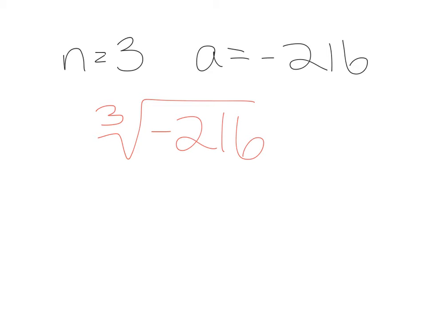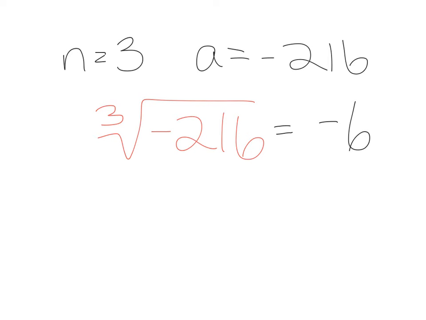Based on the chart I wrote in my notes, this is an odd index and a negative a value. If it's odd with a negative on the inside, then you're going to have one real root. You would either need to type this in your calculator, memorize the chart, or just know that negative 216's third root is negative 6.